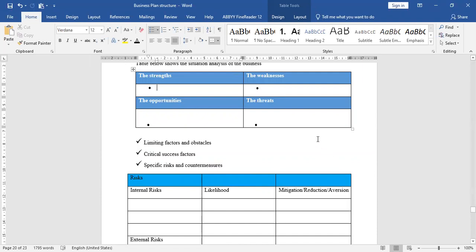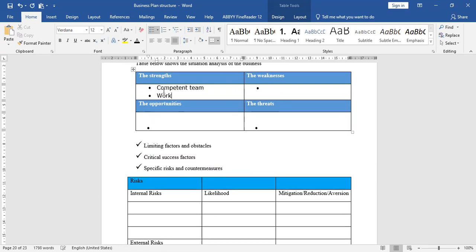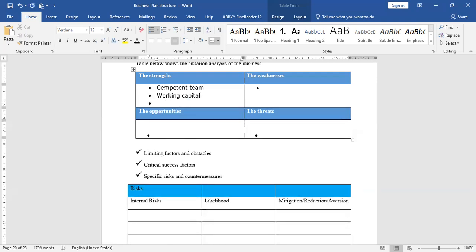Okay. Just for purposes of information, strengths and weaknesses are internal. So strengths can be, we have a competent team. We have working capital. We have our own working space.